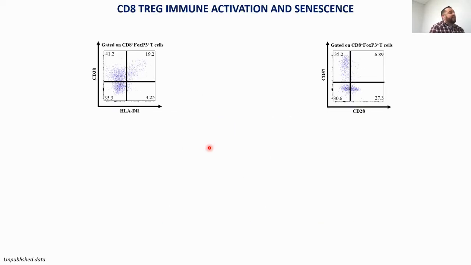Then we looked at the effect of the infection on CD8 Treg immune activation and senescence. For immune activation, we used the expression of the well-known activation markers HLA-DR and CD38. And for immunosenescence, the phenotype CD28 negative, CD57 positive was used to identify senescent CD8 Tregs.